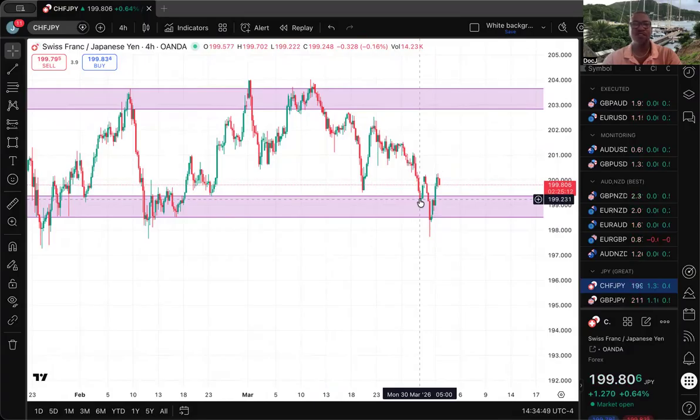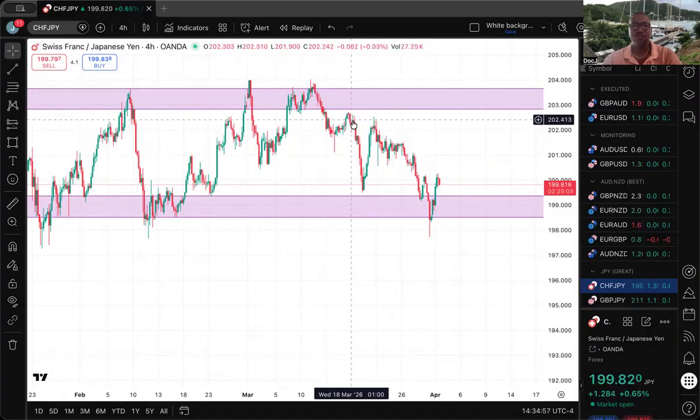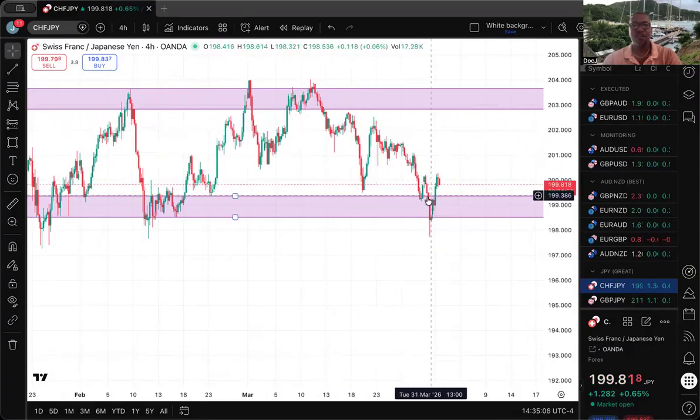So when price is selling, it forms lower highs. This high is lower than the previous, so lower highs and lower lows. This low is lower than the previous low. Lower highs and lower lows.